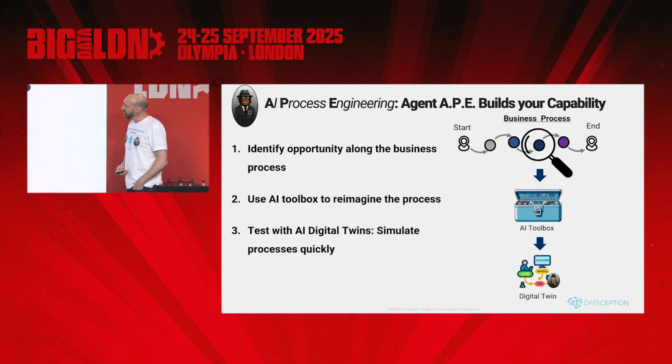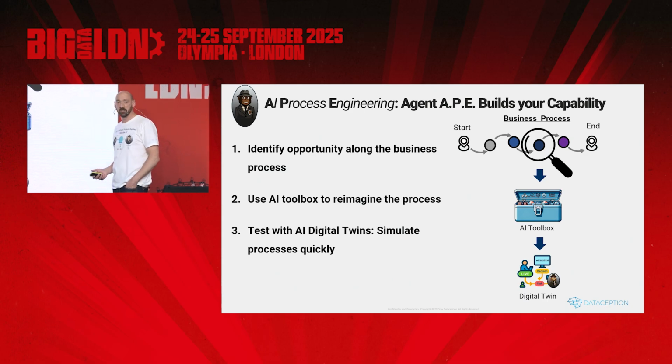So as I said, Agent Ape, AI process engineering. I have lots of conversations around AI and how we adopt it. But my view, and what we've been doing with a lot of customers, is looking at actual end-to-end business process engineering, reimagining business processes using AI. We look at an existing business process, or a new business initiative.